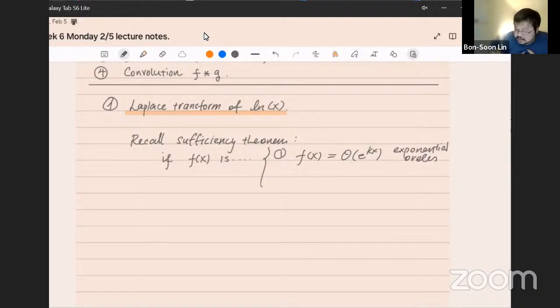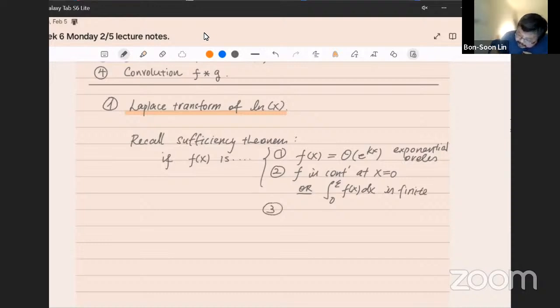This means that the function f does not grow too quickly; it's always bounded by some exponential. Two, that the head of this function f is nicely behaved near zero. Either f is continuous at x equal to zero, or the integral from zero to some epsilon of f of x dx is finite.